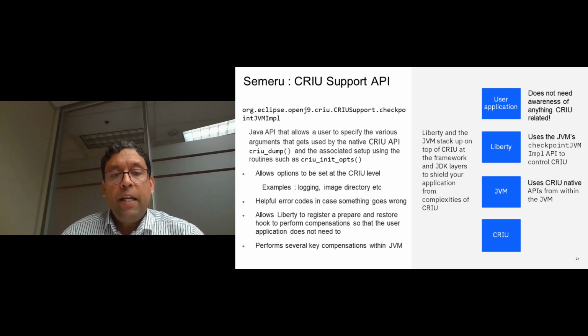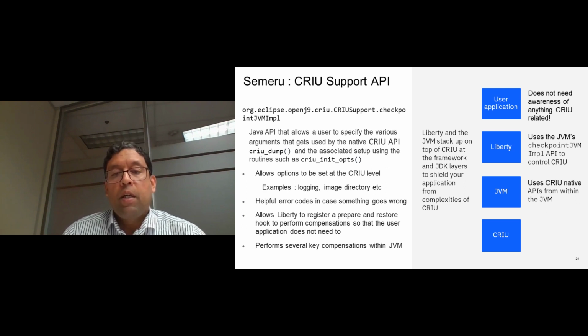Now, as an end Liberty application developer, you probably don't even need to know about this API, because this is an API that's offered by the JDK up to Liberty, and Liberty uses this API to control CRIU. So as the picture on the right shows, the application sits on top of Liberty.